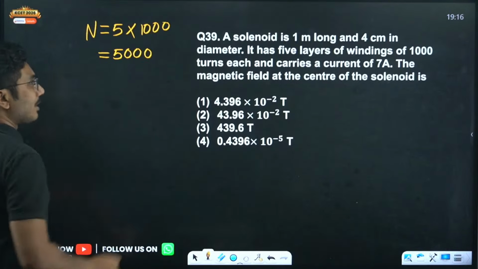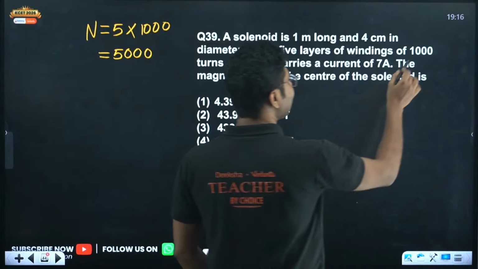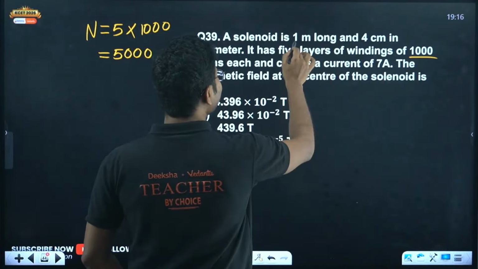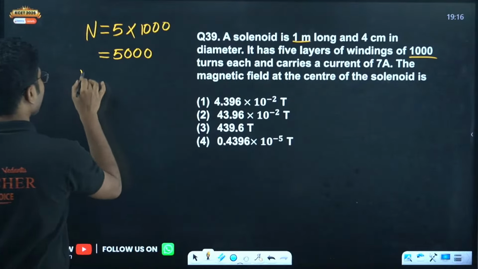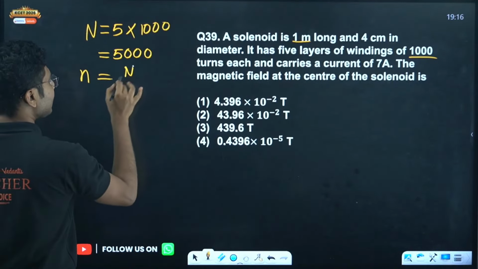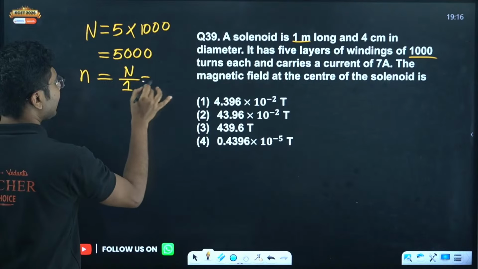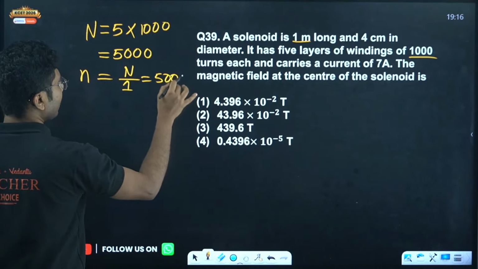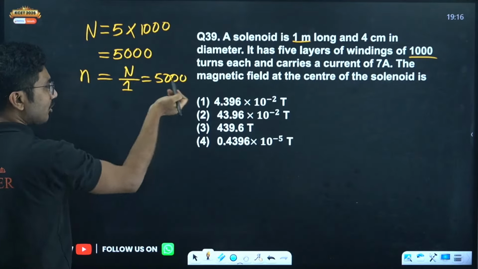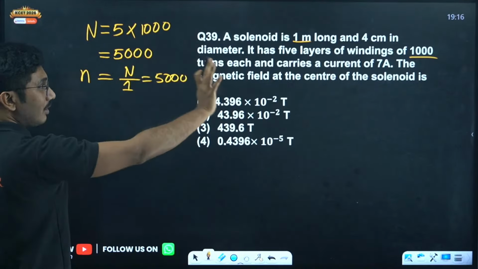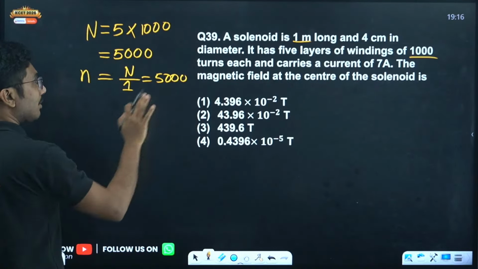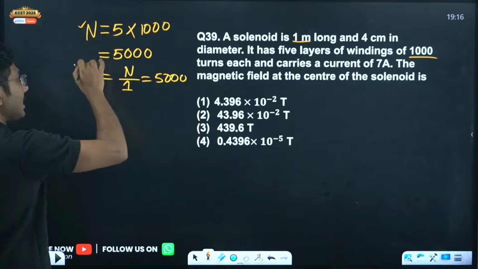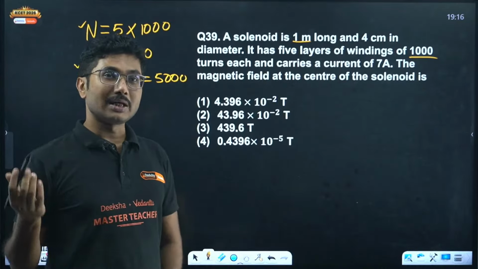So the number of turns is given as 5 layers of 1000 each, and the length is 1 meter, so the number of turns per unit length n is 5000. If it is any other length, it will not be 5000, so be careful. Here 1 meter is given, that's why the total number of turns and the number of turns per unit length become the same.